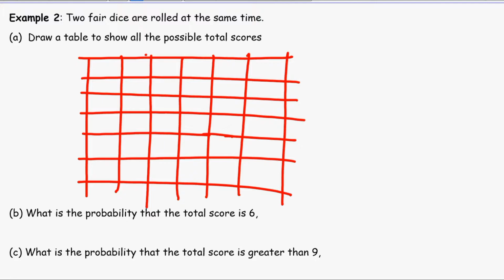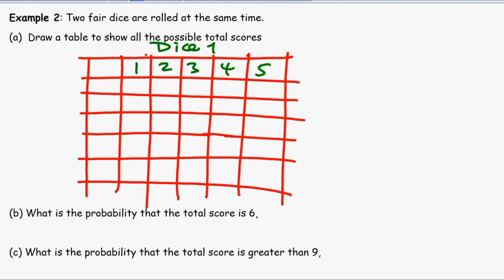Here I will have dice 1, and it has 6 faces: 1, 2, 3, 4, 5.